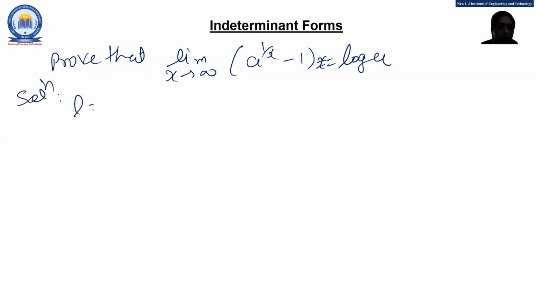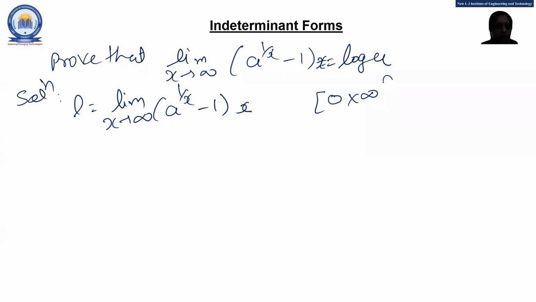L equals limit x tends to infinity of (a raised to 1 upon x minus 1) into x. If you apply the limit in this function, you will get the 0 into infinity form, right? So if I keep this x in the denominator, we have limit x tends to infinity of (a raised to 1 by x minus 1) upon 1 by x.